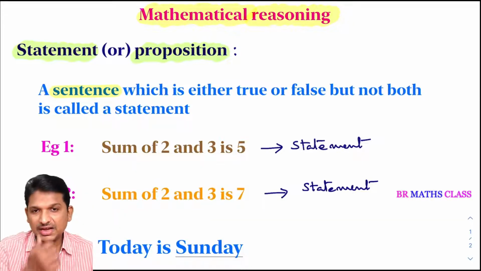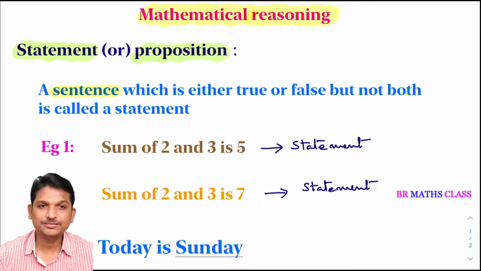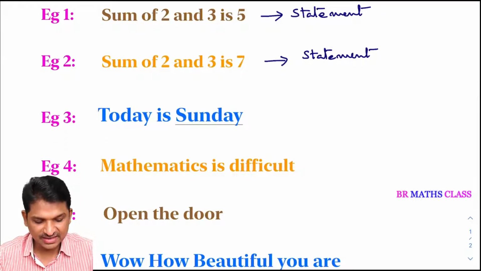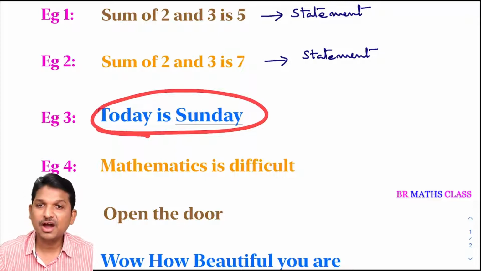If you cannot declare whether it is true or false, at that time we cannot say anything. For example, look here. Today is Sunday. Is this sentence true or false? On Sunday, this sentence is true. On other days in a week, this sentence is false.